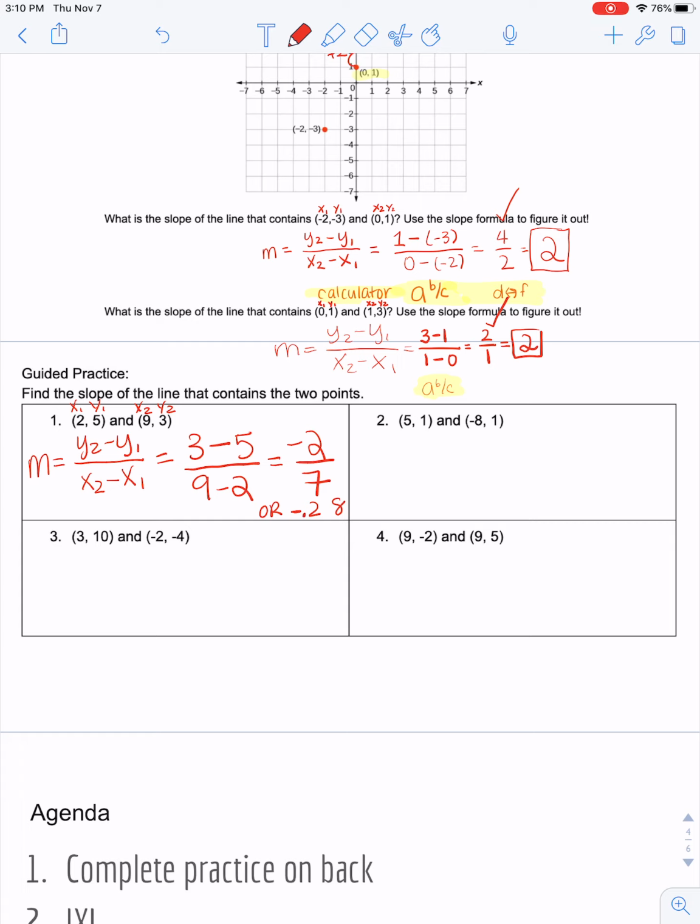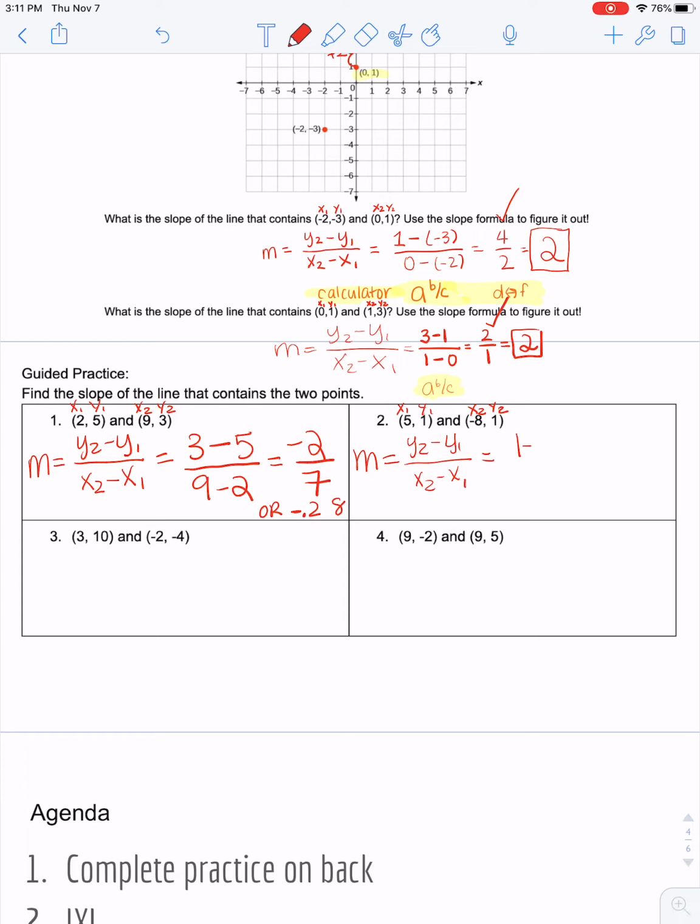Then let's look at number 2. Going to make this my x1, x2, y1, y2. m equals y sub 2 minus y sub 1 over x sub 2 minus x sub 1.